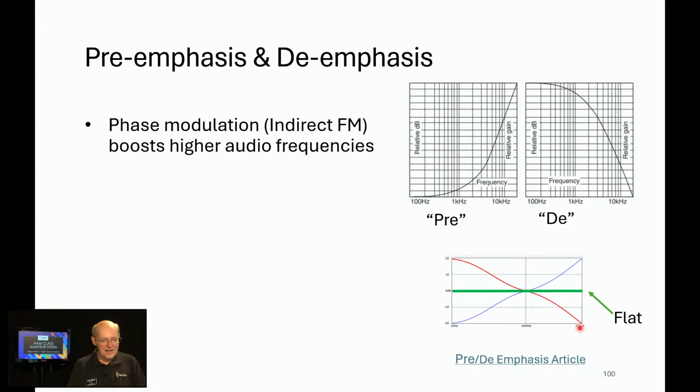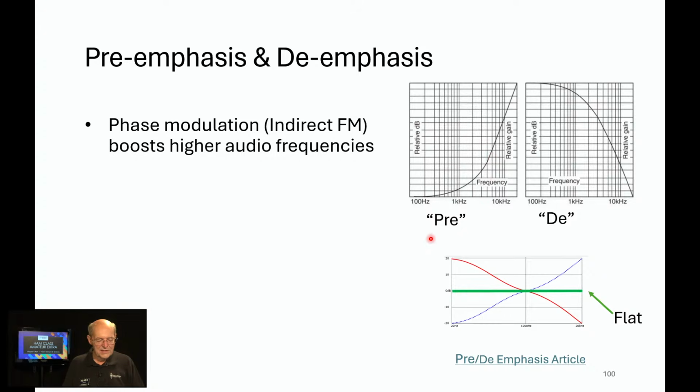We're going to get into the concepts of preemphasis and de-emphasis. A phase modulated or indirect FM signal boosts the higher audio frequencies. So what happens is a 300 hertz audio tone, versus a 600 hertz tone: the 600 hertz is going to be twice as loud as it's being transmitted.